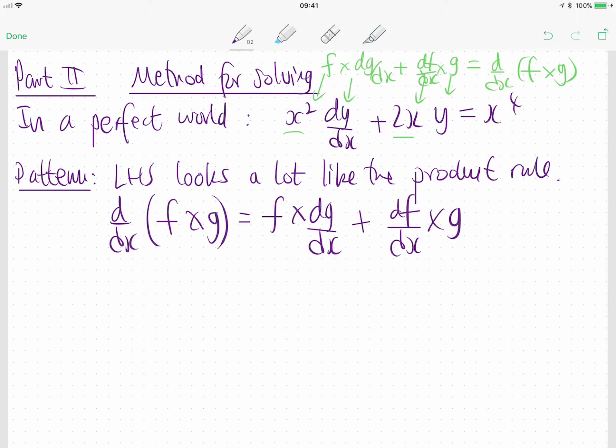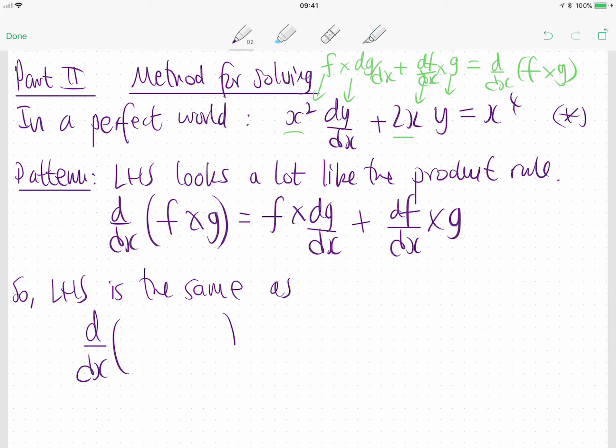So this thing on the left hand side up here is the same as the derivative of f times g.